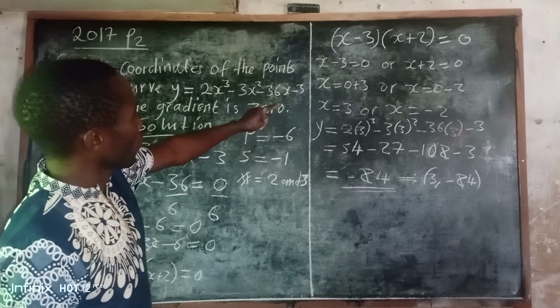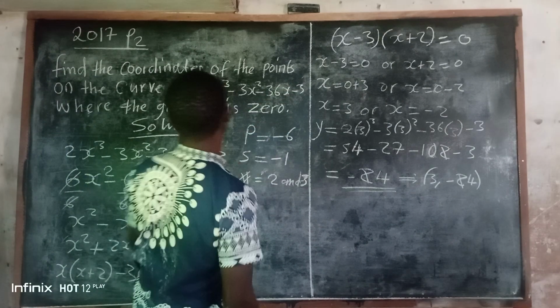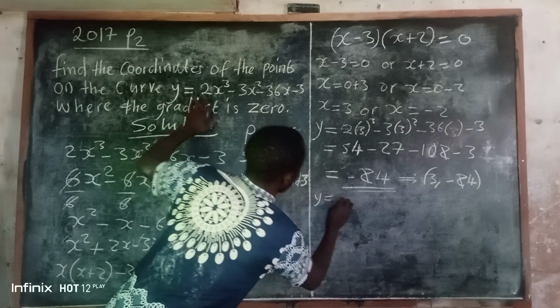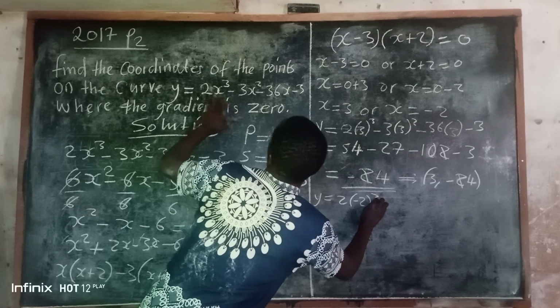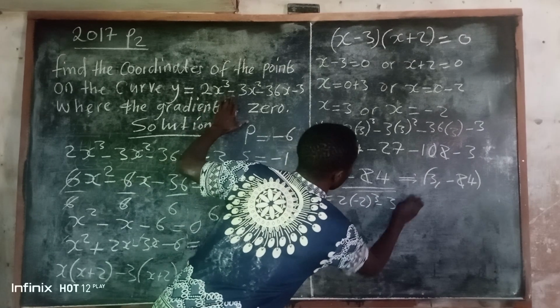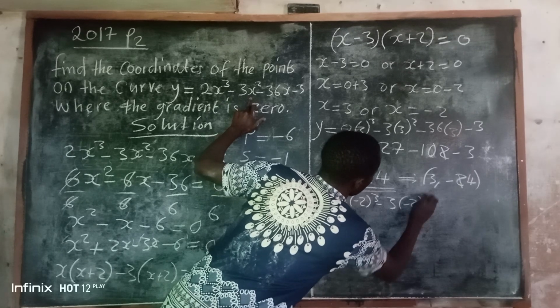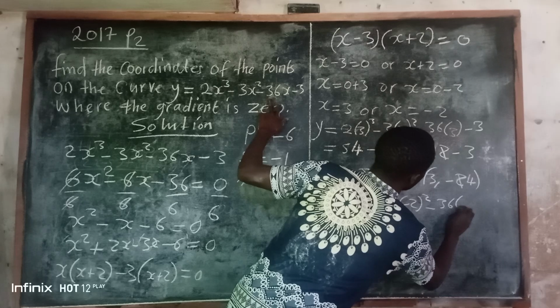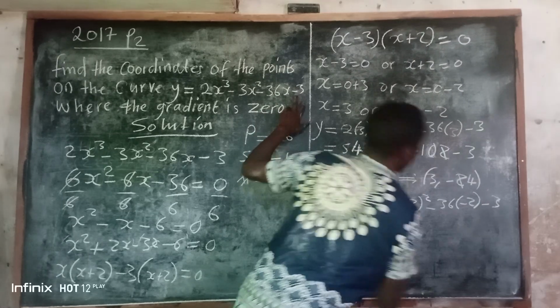Then the next one, we are going to substitute negative 2 this time around into the same curve that we have. So y is equal to 2, where there is x, we put negative 2, then power 3, then minus 3, open bracket, where there is x, we put negative 2 squared, then minus 36, where there is x, we put negative 2, then minus 3.